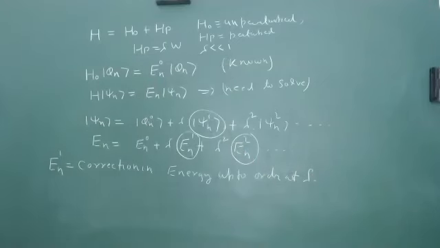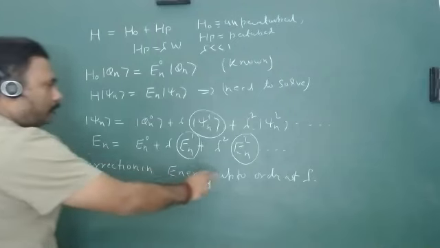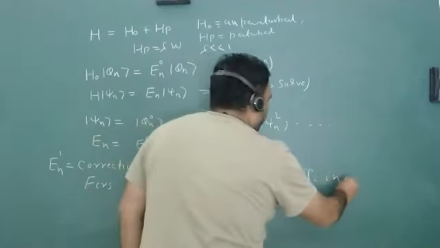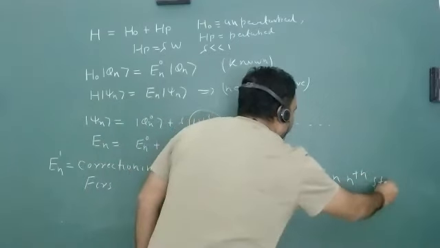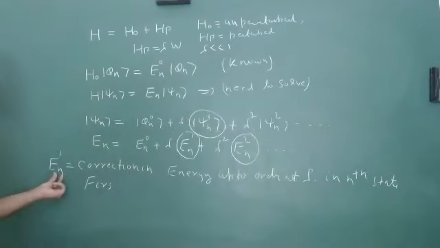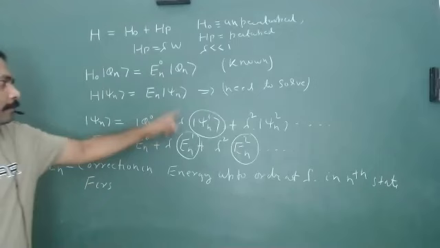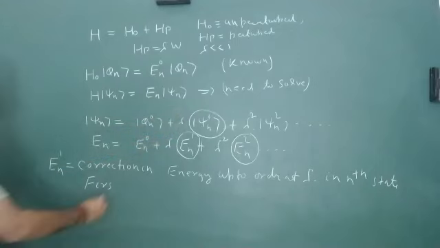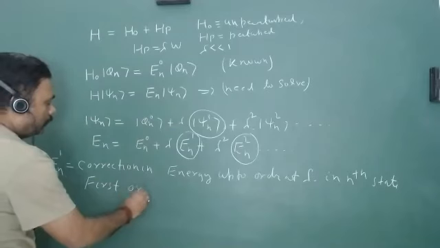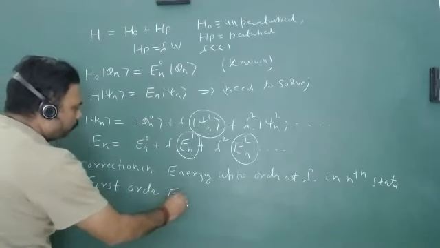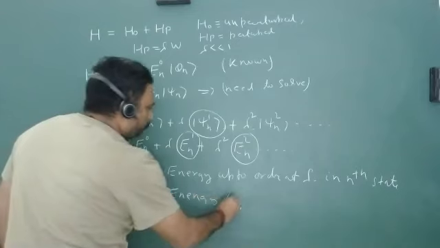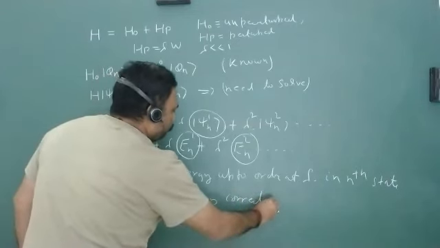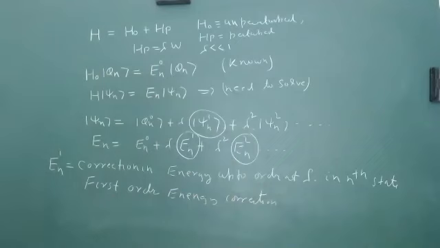Correction in energy up to order of lambda in the nth state. It is also known as the first order energy correction, meaning correction up to first order of lambda. This is known as the first order energy correction.